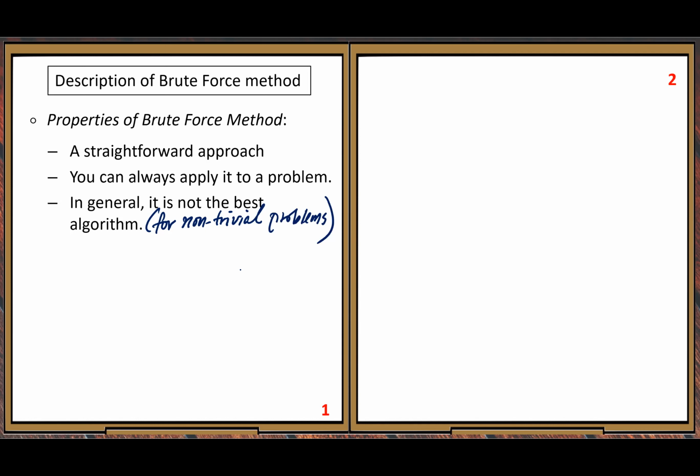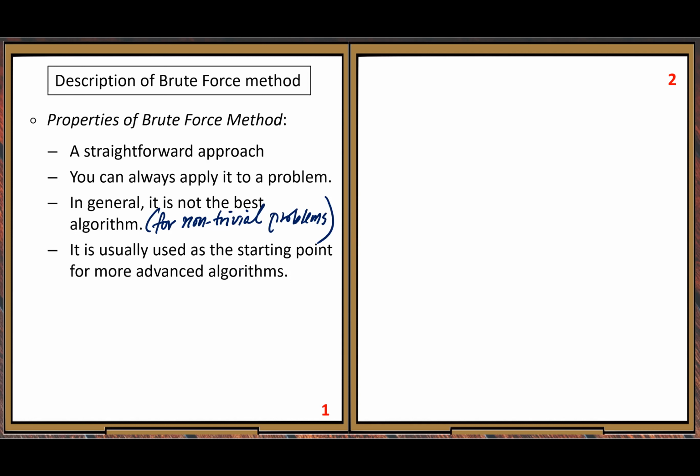For trivial problems, you can get the best solution. It is usually used as the starting point for more advanced algorithms. I remember I talked about this point before.